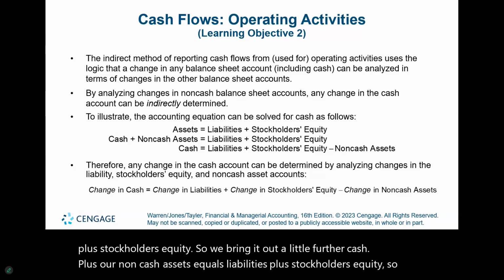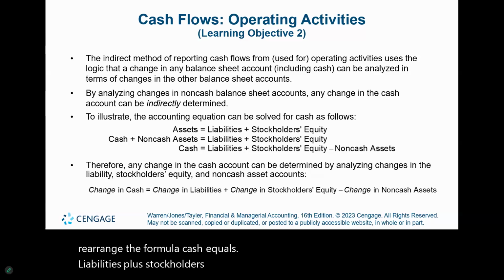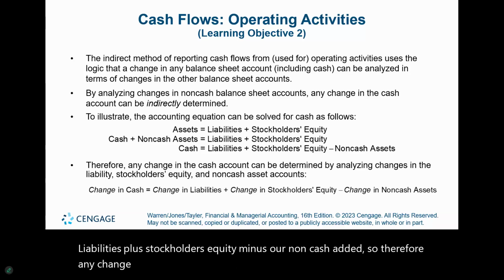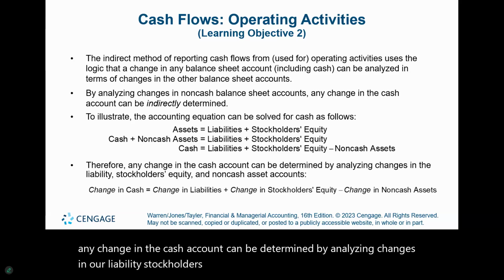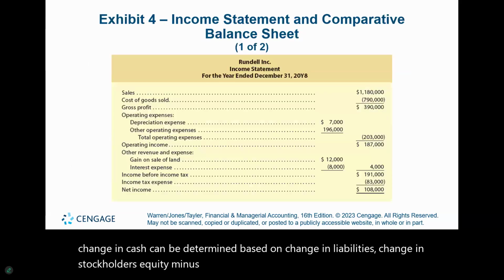We rearrange the formula: cash equals liabilities plus stockholders' equity minus our non-cash assets. Therefore, any change in the cash account can be determined by analyzing changes in our liability, stockholders' equity, and non-cash asset accounts. So some change in cash can be determined based on change in liabilities, change in stockholders' equity, minus any change in non-cash assets.